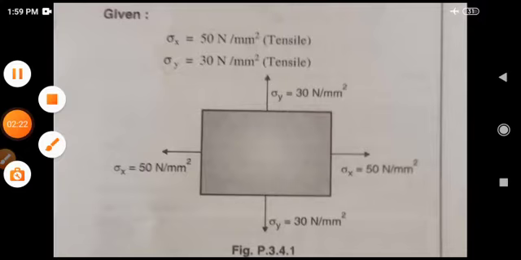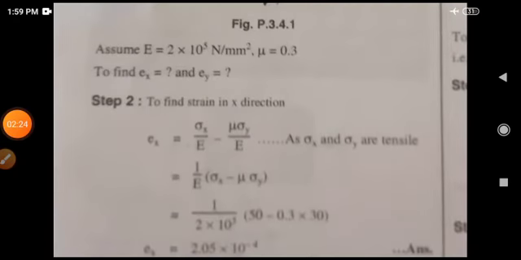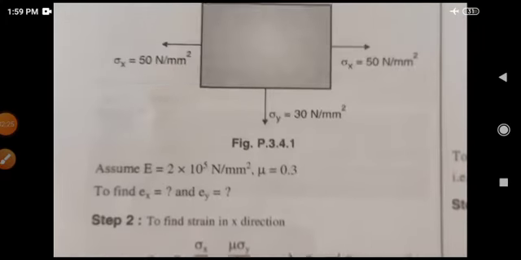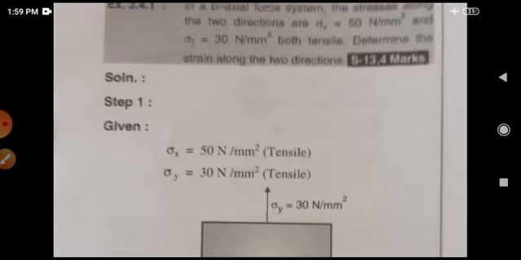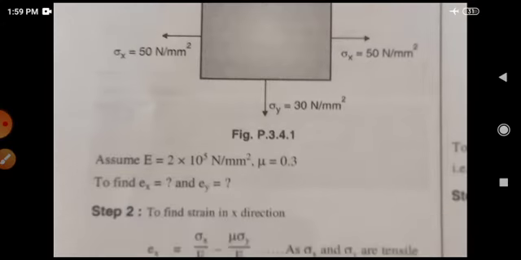Here you can see the problem. One thing is assumed: some constants are not given. Only two things are given, sigma x and sigma y, but a few things we have to consider, that is E and mu.